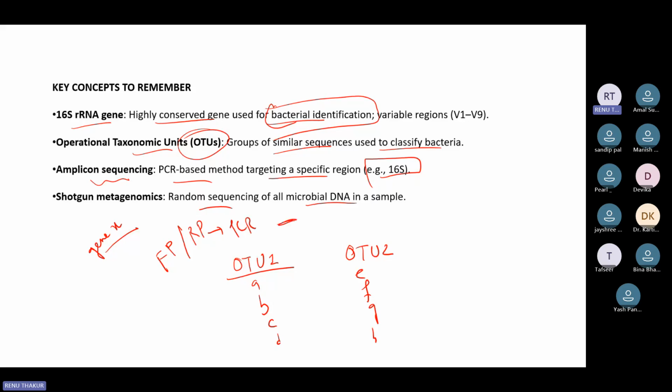Suppose in A you got a band, in B you got a band, and in the rest you do not get any band. So you can say only A and B have this gene X in their genome. This is known as metagenomics.